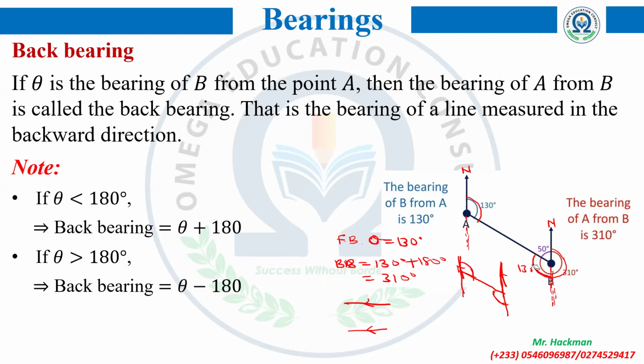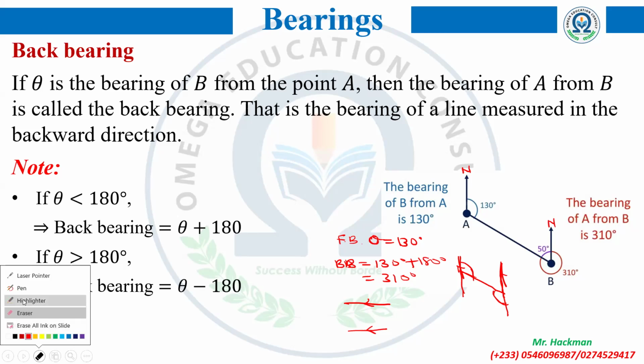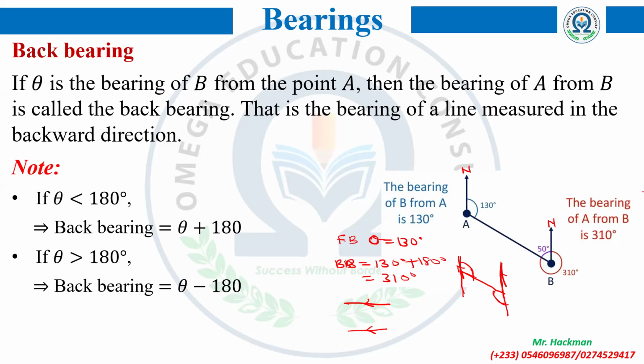So I'm going to clear the whole of this. All right. So now, assuming that your forward or front bearing this time around is A from B. This is your forward or front bearing.